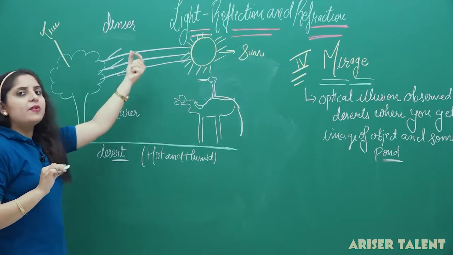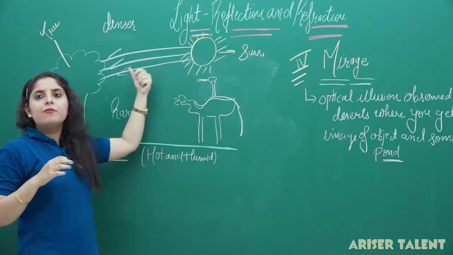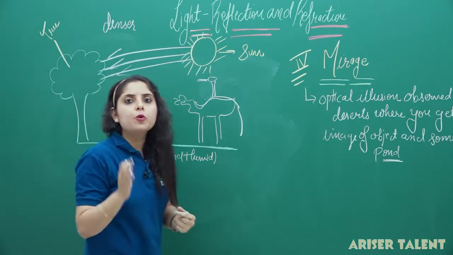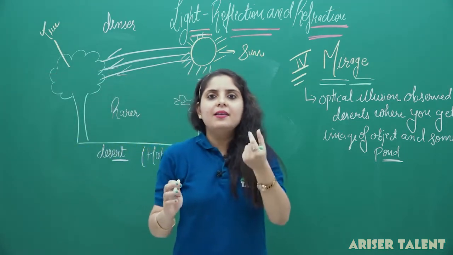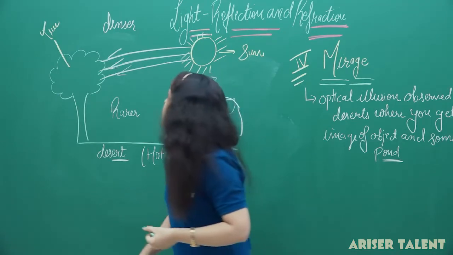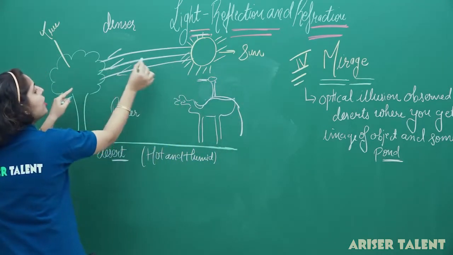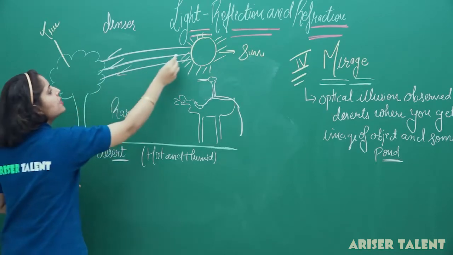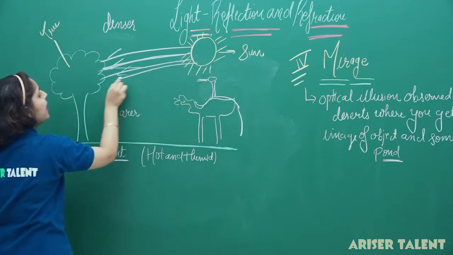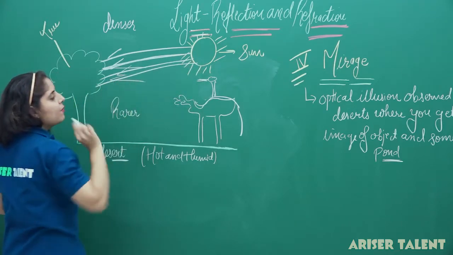Every time a ray of light travels from the denser to the rarer medium, it bends away from the normal, and this is the concept we have in total internal reflection.